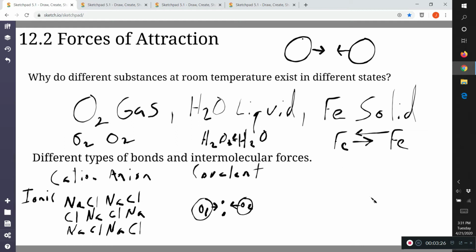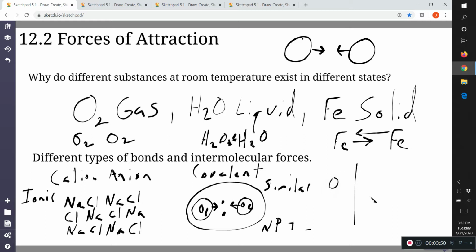So what does that mean? Non-polar means they have a similar charge all the way around, so that they're either all neutral, all positive, all negative, all the way around. Whereas polar will end up having a positive side and a negative side, like water. If we look at water, we have oxygen combined with two hydrogens.